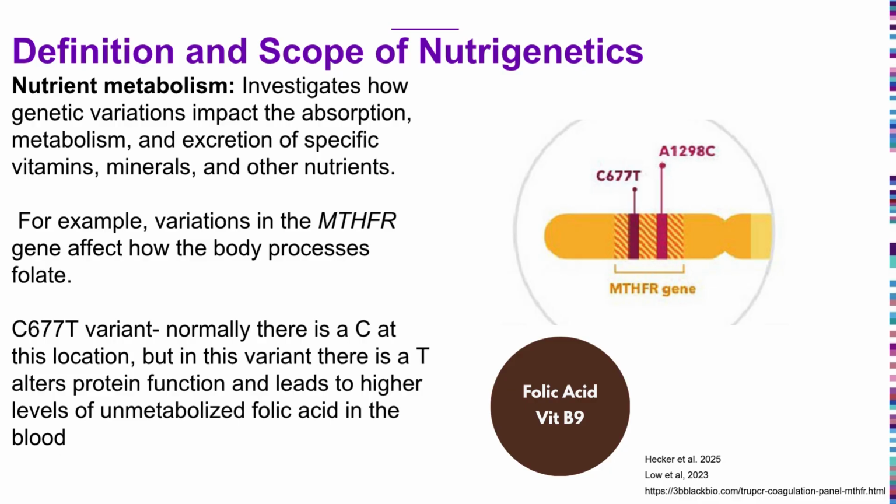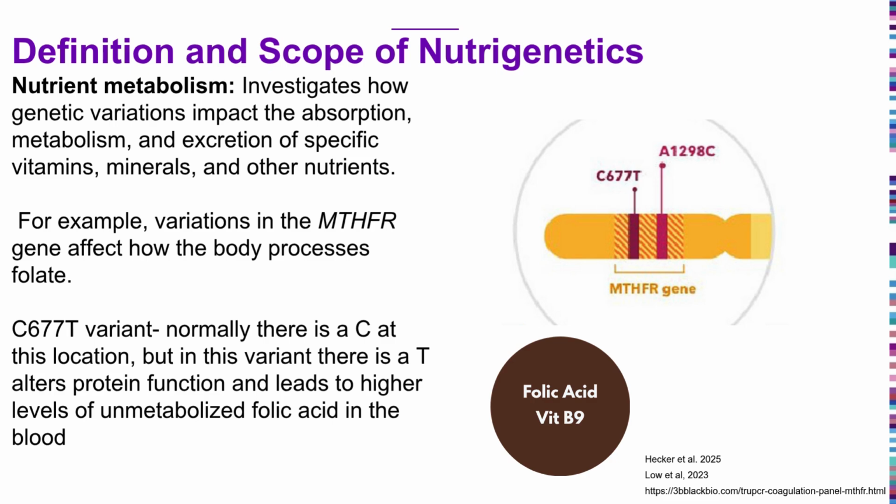This gene provides instructions for making methylene tetrahydrofolate reductase, which is an enzyme responsible for processing folate, converting homocysteine to methionine. One of the most common variants is the C677T variant. Normally, there should be a cytosine at this location, but in this variant, there is a thymine, which leads to altered protein function.